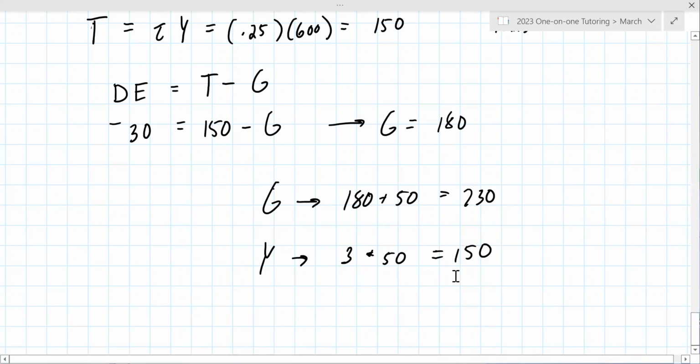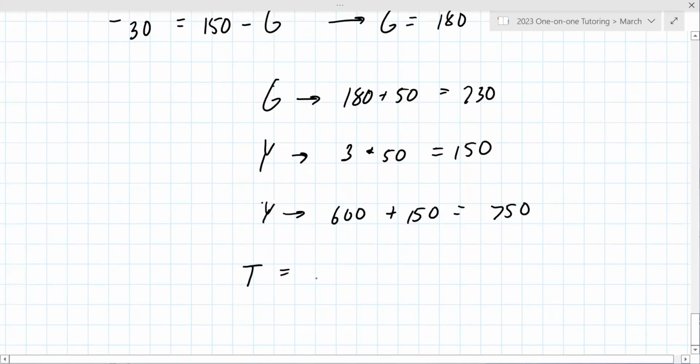Okay. So they're saying now that Y becomes 600, which is the previous level of income, plus the 150 we just found, which is 750. Your taxes are still tau times Y, 0.25 times 750, 187.5.